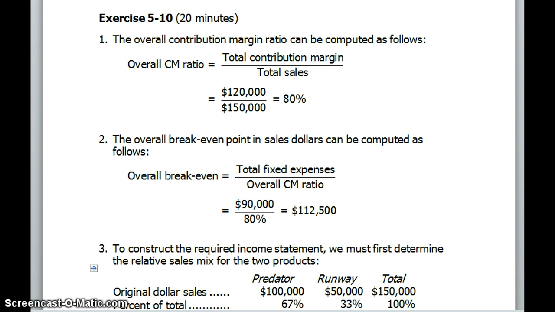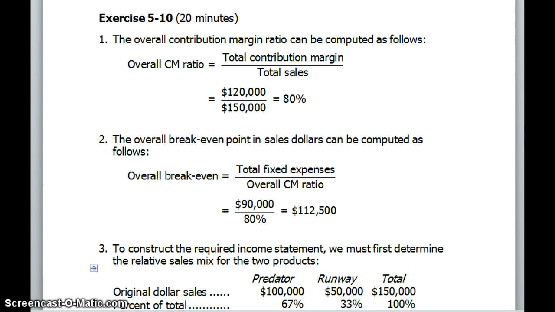The next step, as required in the text, is to compute the overall break-even point for the company in sales dollars. In order to calculate the break-even point for the total company, it's the same methodology as used for a single product. We take the fixed cost divided by the contribution margin ratio for the whole company.